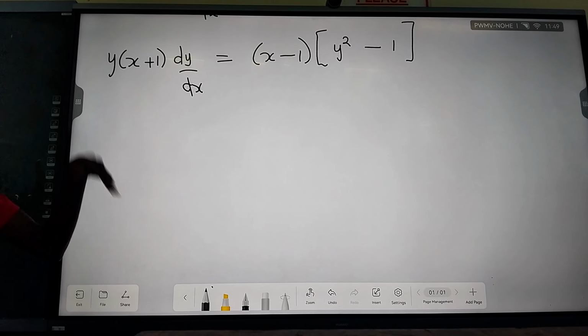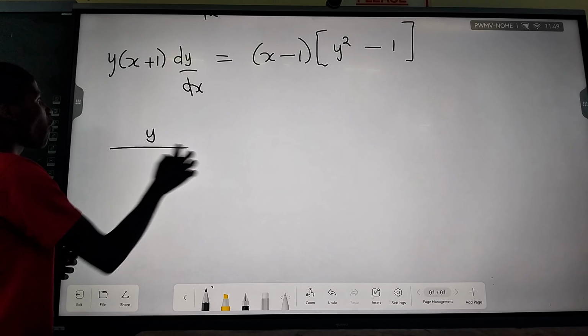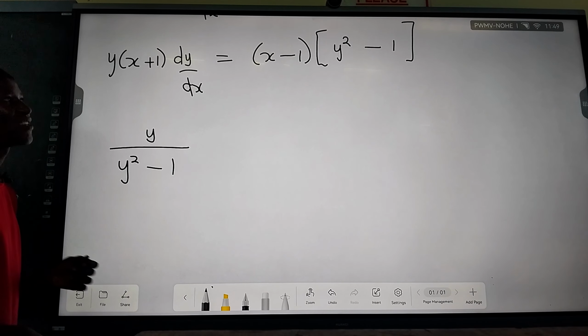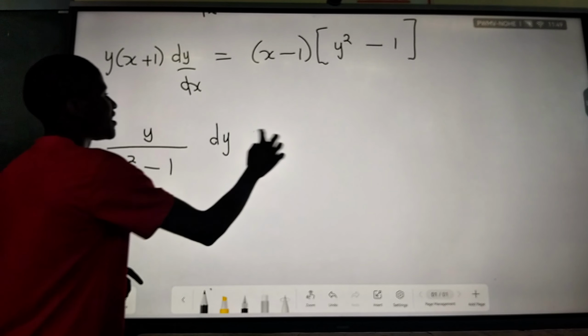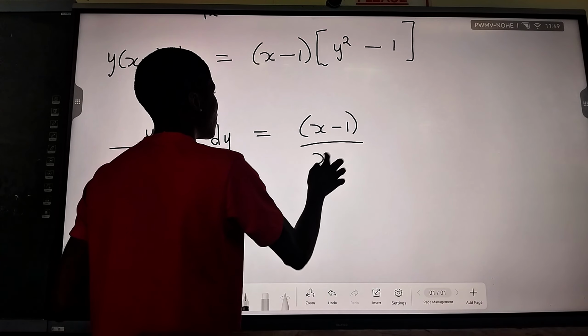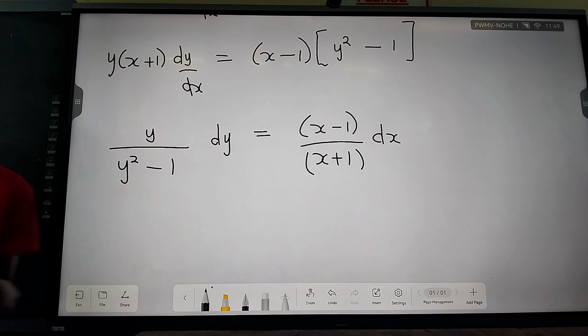Those with y go with dy, those with x go with dx. Meaning we can say this is y over y squared minus 1, dy, which must equal x minus 1 over x plus 1, dx. So there's no need for you to go Bernoulli on this one. But if you want, try to simplify it with Bernoulli, just maybe.